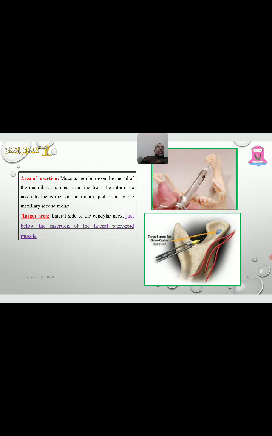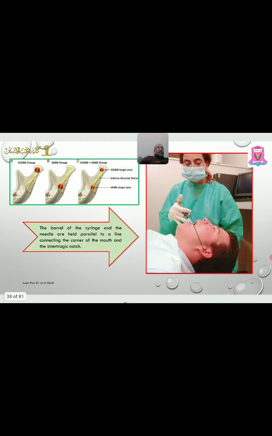Target area lateral side of the condyle or the neck of the condyle just below the insertion of lateral pterygoid muscle.